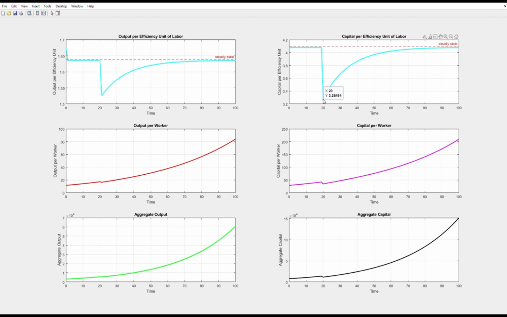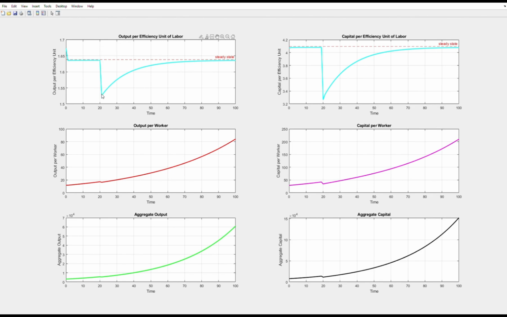At time 20, it sharply drops. It's because of the destruction of the total capital stock. And for all capital-related variables, the value of capital per worker and aggregate capital also dropped at time 20.